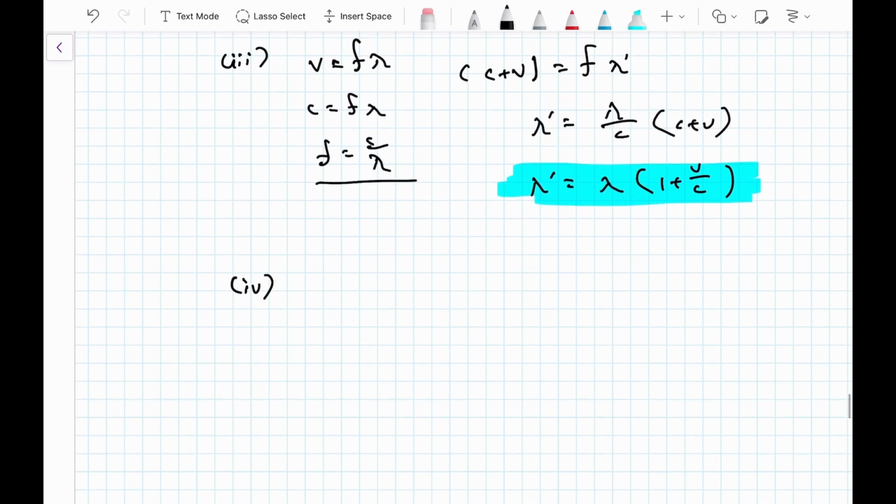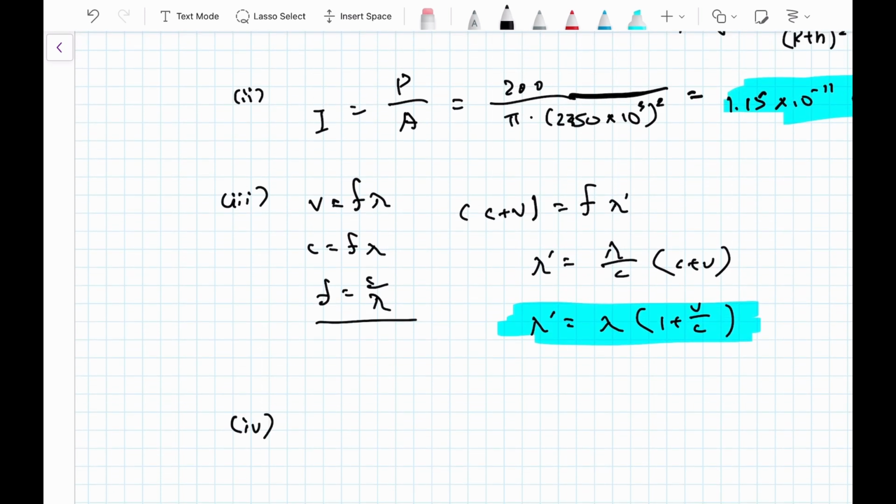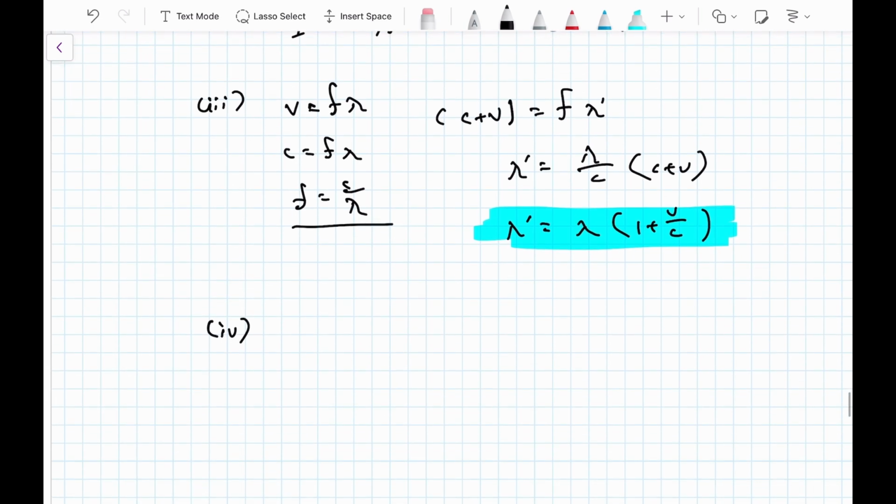Well, in this case, we can assume that the wavelength is unchanged. So we have v is equal to f lambda, right? And then if lambda remains constant, we have lambda is equal to c over f.